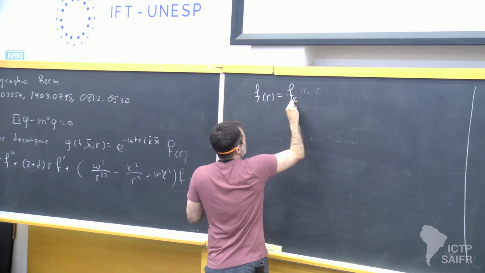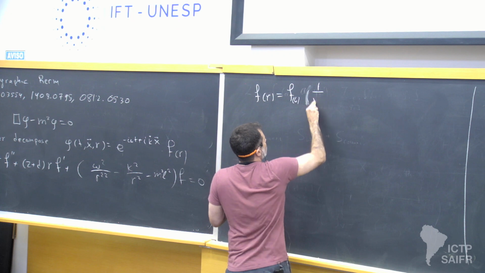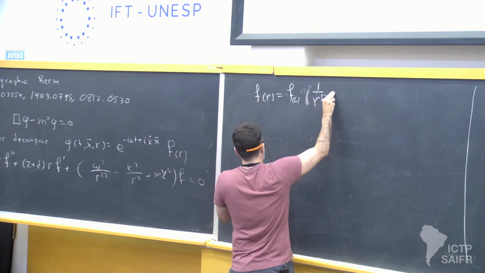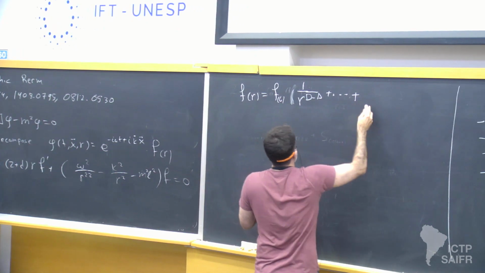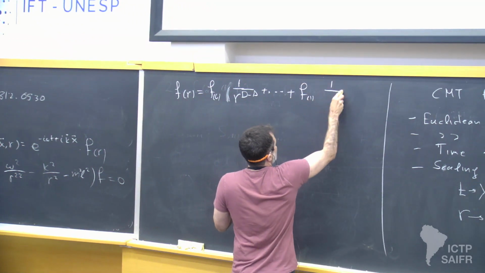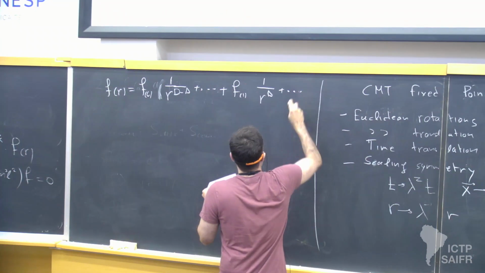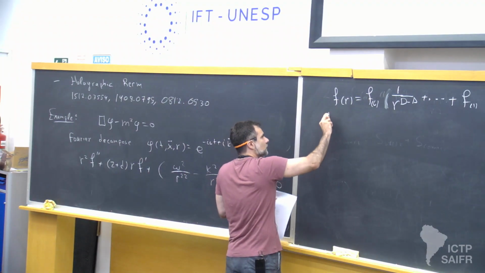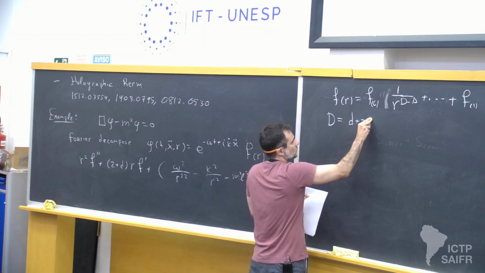So you could have some constant f0 times 1 over r to some power D minus delta, plus whatever, plus another constant of integration, f1, times 1 over r to the delta, plus whatever. Now, I have defined an effective dimension capital D, which is d plus z minus 1.